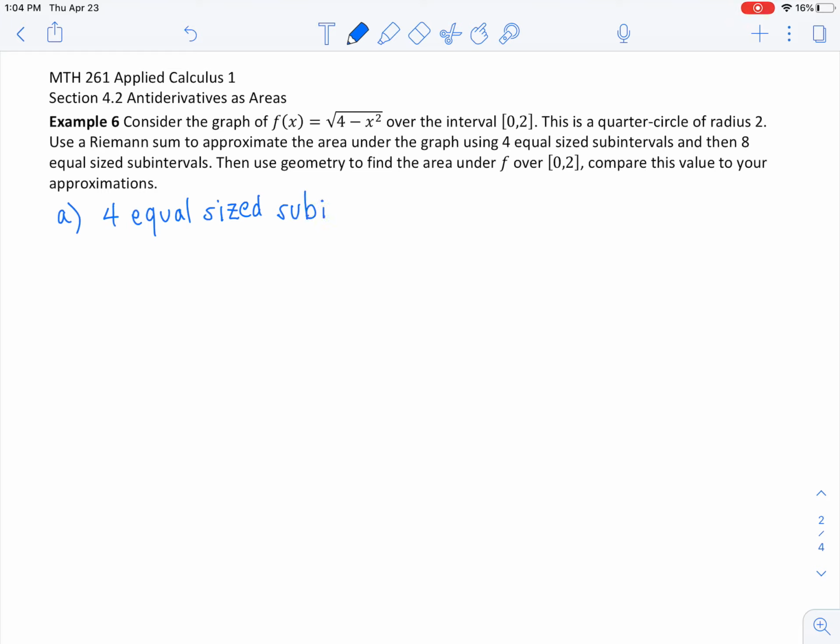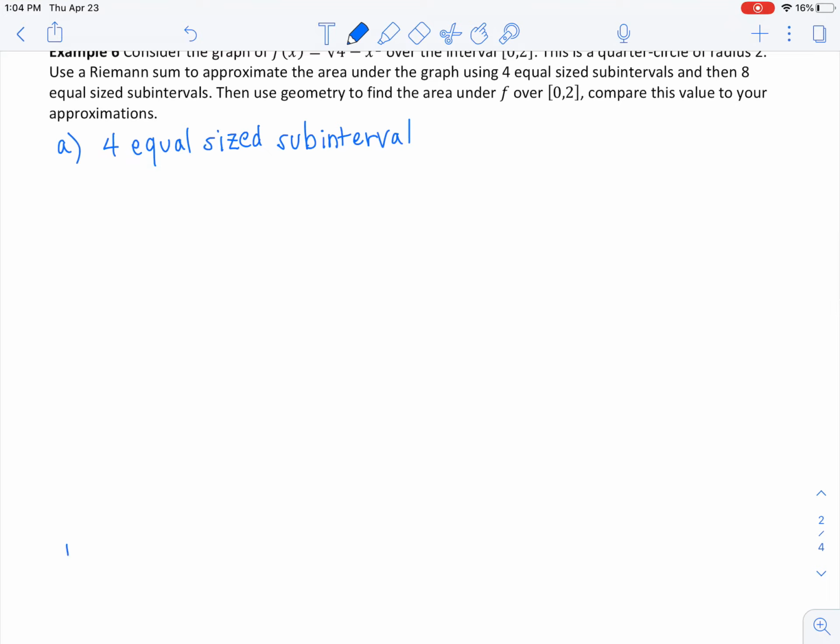We're going to do part A, 4 equal sized sub-intervals. Hey, I don't like my handwriting. And then what do they want?